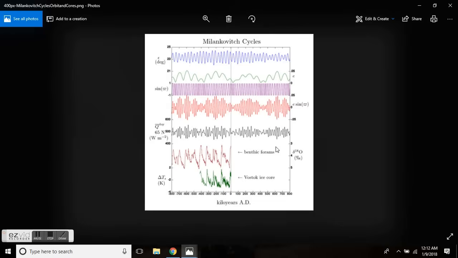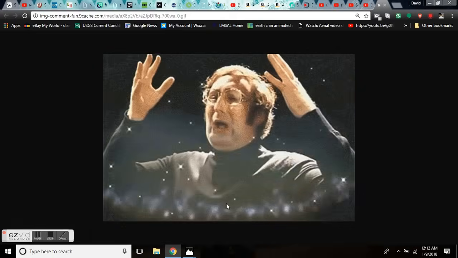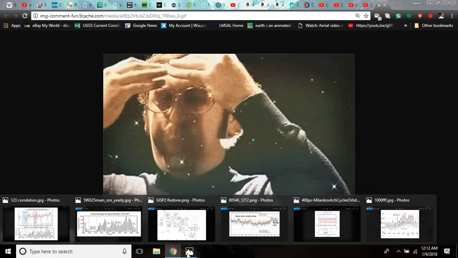And then our globe is wobbling, and our solar system has particular celestial mechanics that accentuates all of the forces of our sun. This results in very high resolution information that we have from the data on the planet, that we can look at the paleo record of climate. And now, with new technology and spectral analysis, we can predict the future. And the future is colder. And that's a boom.